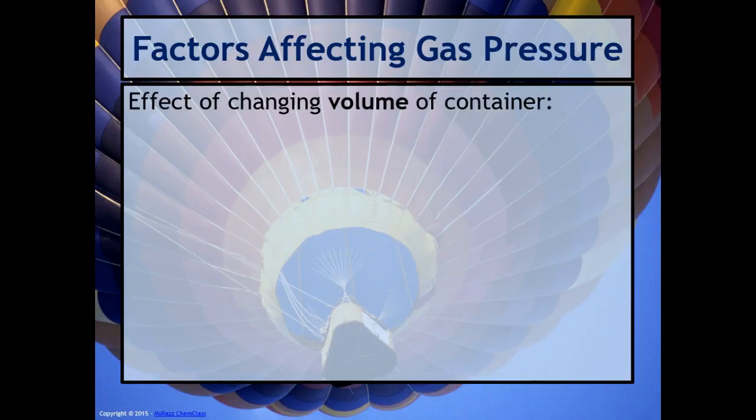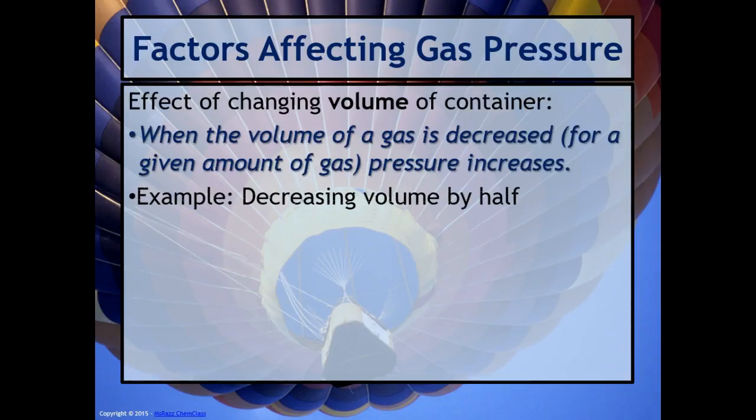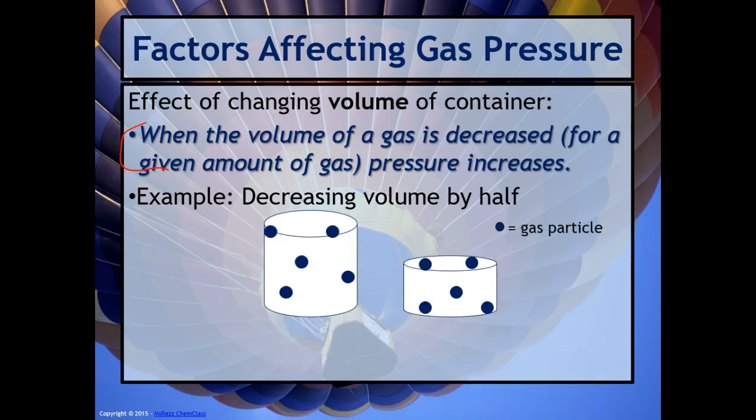Other factors: changing the volume. And remember, everything that's in blue, you definitely need to write down. When the volume of a gas is decreased for a given amount of gas, pressure increases. So increase the volume, decrease the pressure. Makes sense, right?